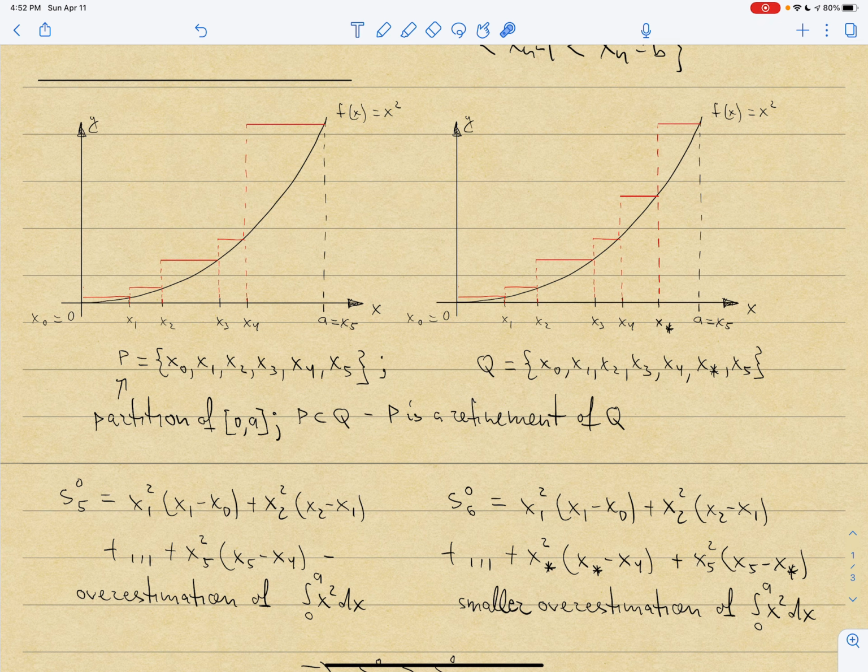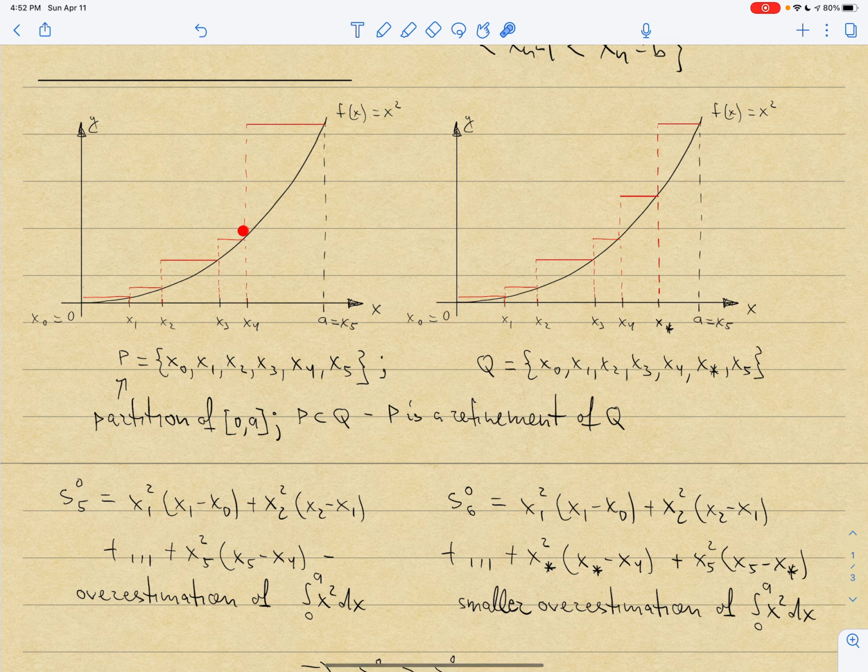And that's the largest possible overestimation of the value of the integral, or of the area under the graph, by using this partition. So again, for a monotonically increasing function, the largest overestimation of the area on each subinterval that I can make is by taking as the height the value of the function at the right endpoint. Okay, so that's for P.